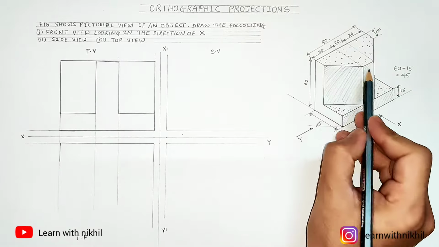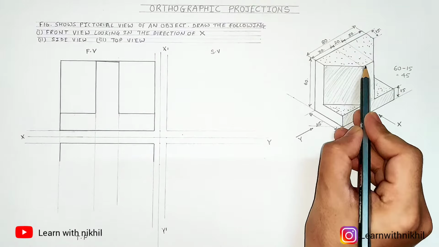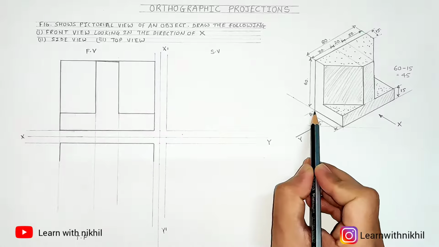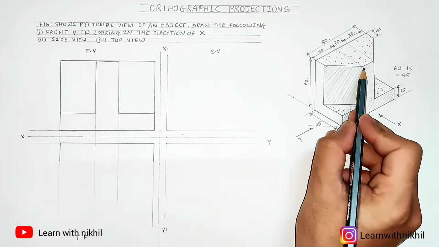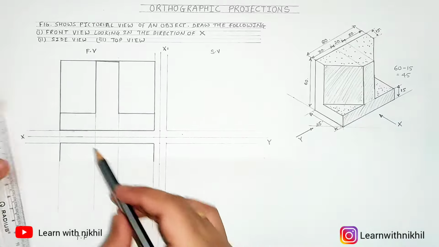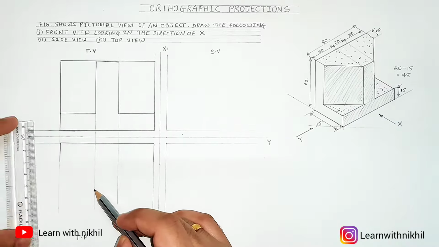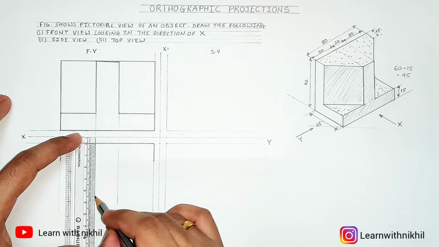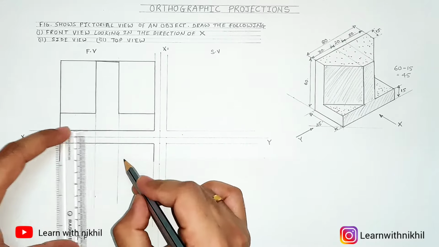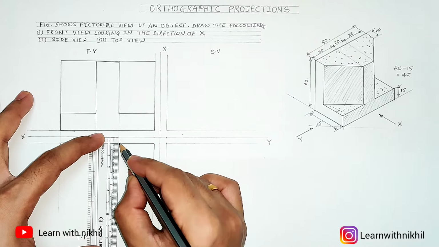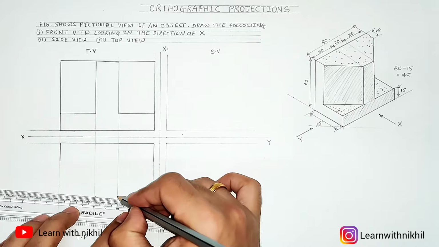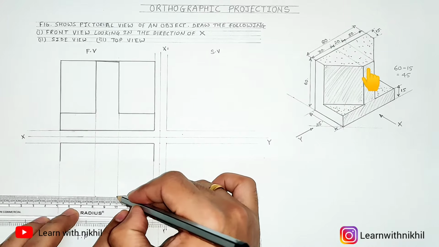Now the total distance given is 45 millimeters, which will be visible from the top view. So the distance is 45 millimeters. I'll just mark the points here, 45 millimeters, and here also 45 millimeters. So as you can see from the top view, this line is joined.